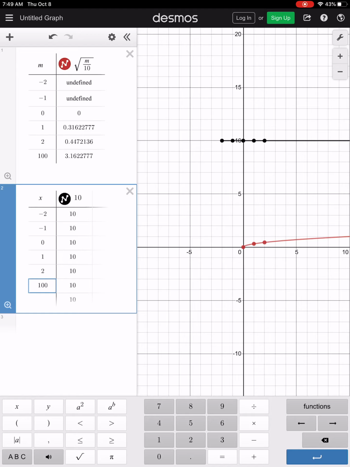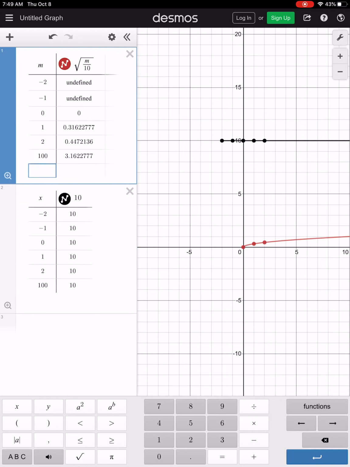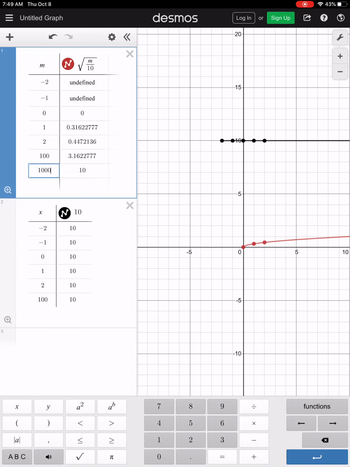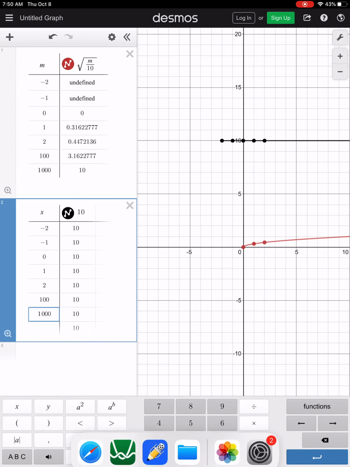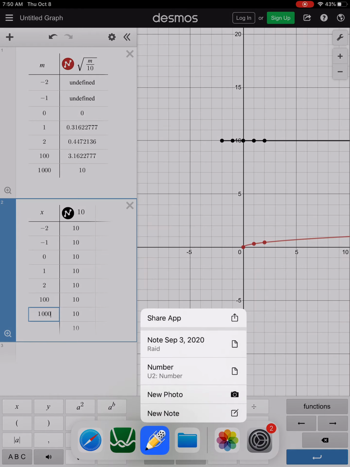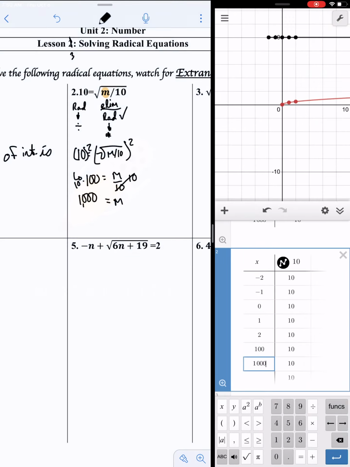If it's not, it's not the right answer. All right, I got 1,000, so I'm going to type in 1,000, and my y value is 10. And again, remember, solutions to equations is the x value that gives you the same y value. So again, I'm going to test 1,000, and if I look, it gives me 10. So both of these are 10, therefore that was the correct answer.